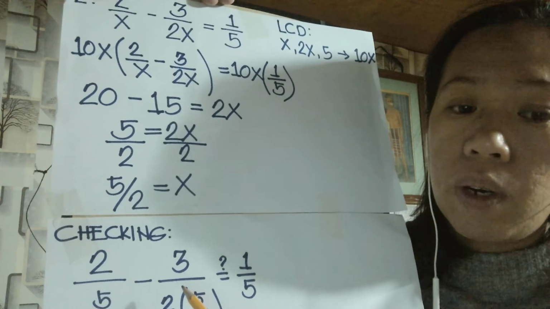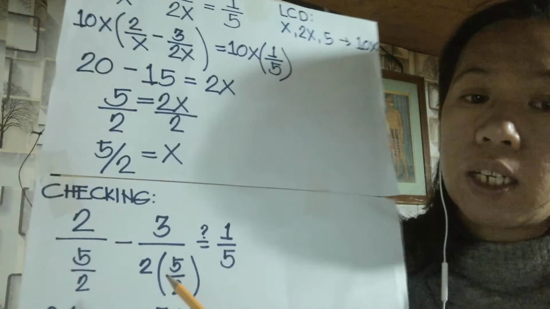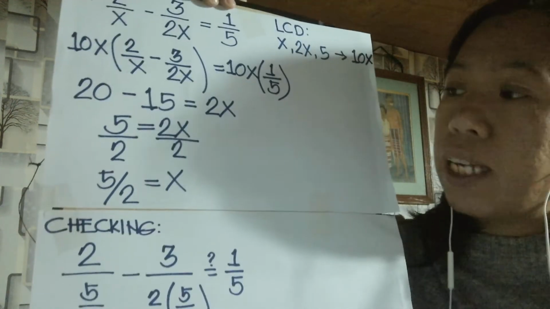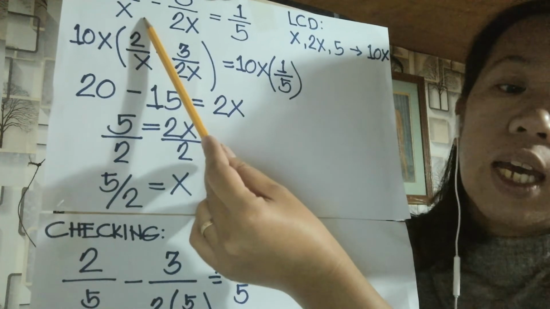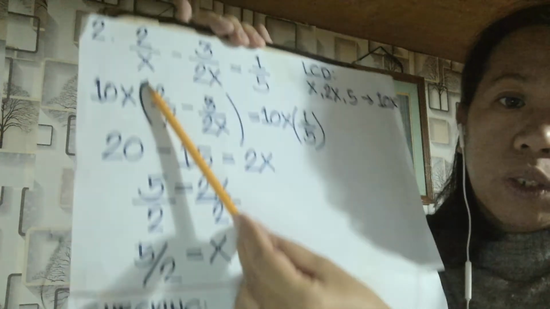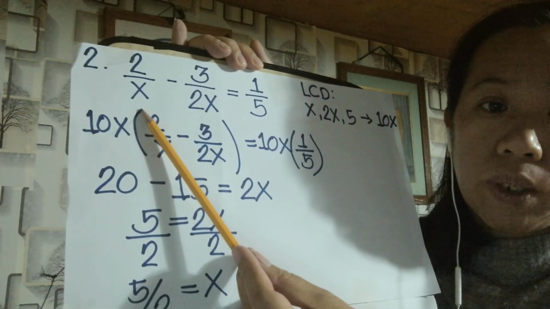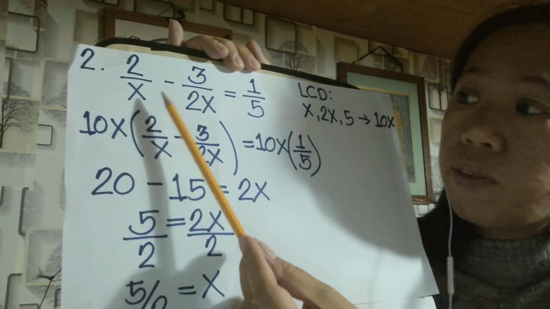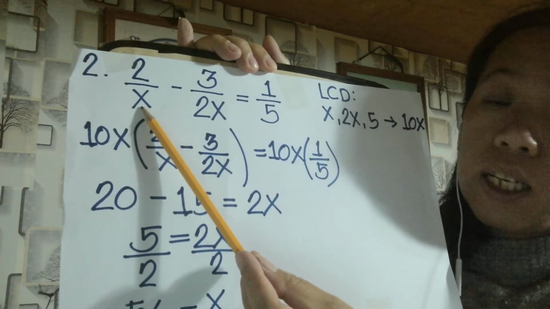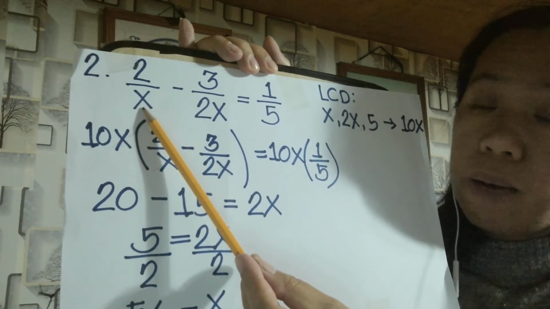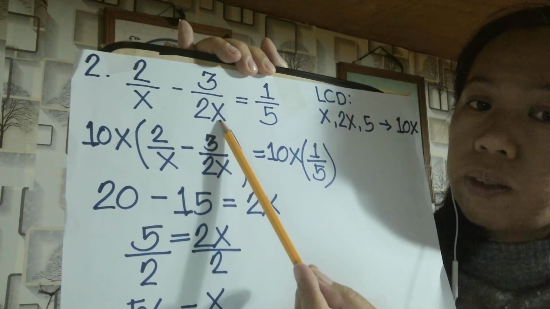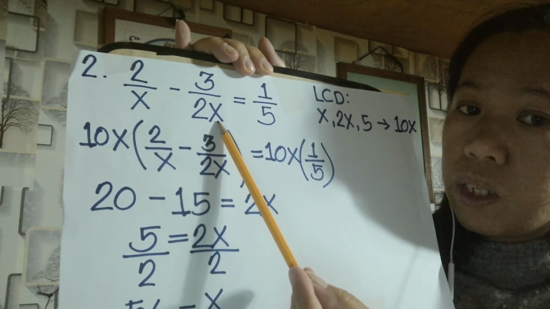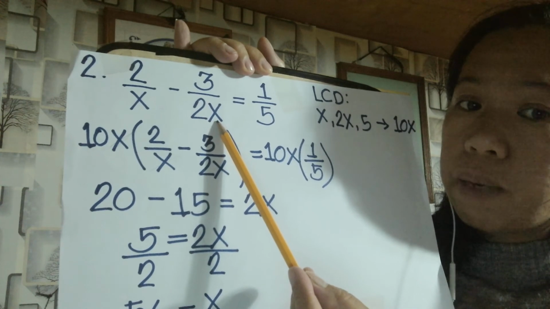And let's try to see if our answer is correct by again substituting the value of x in our original equation. So this is our original equation. We substitute the value of x on the first term denominator and on the second denominator, which has the variable x.